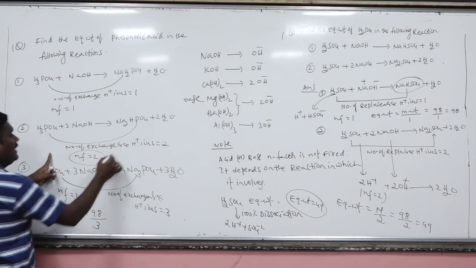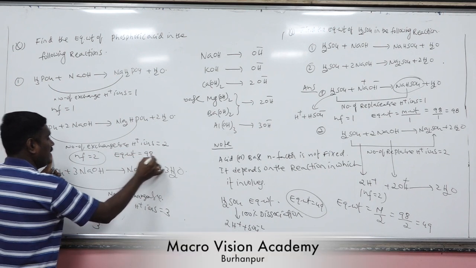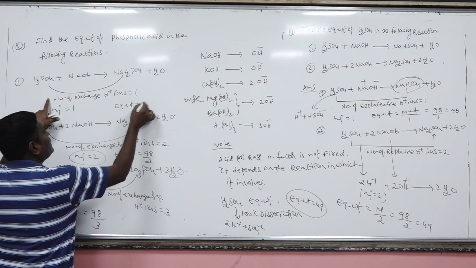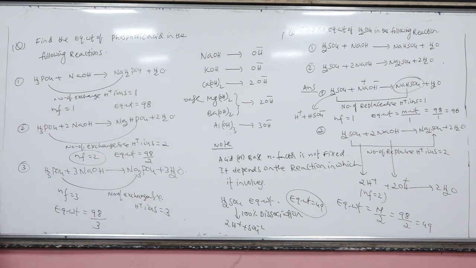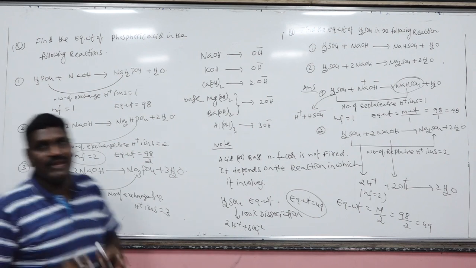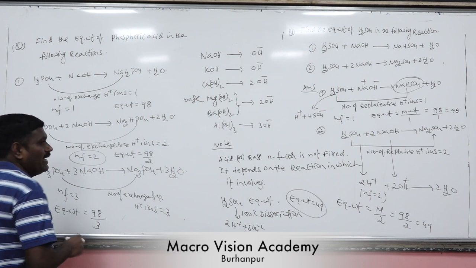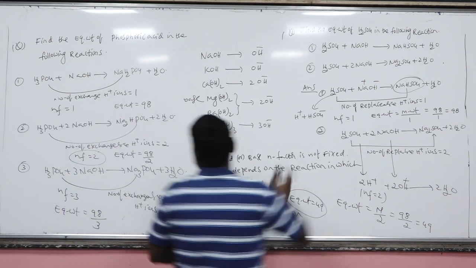In this case, it is 98 by 2. In this case, equivalent weight and molecular weight are both the same. Remember, if N factor is 1, equivalent weight is equal to molecular weight, because equivalent weight is equal to molecular weight by N factor.